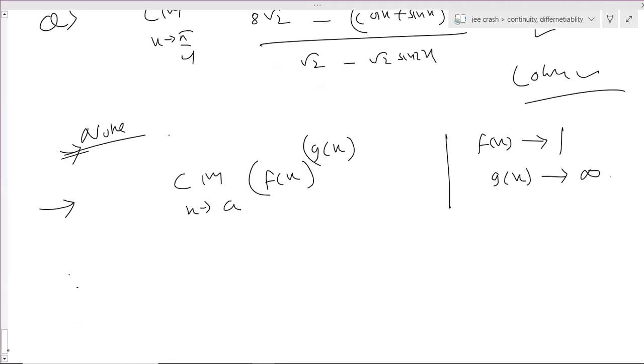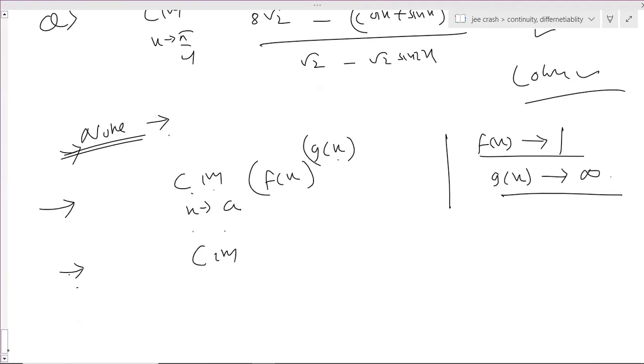Very important. This is one of the favorites of JEE Main board. If you face limit x tending to a, f of x to the power g of x, where f of x is tending to 1 and g of x is tending to infinite, how to solve this?